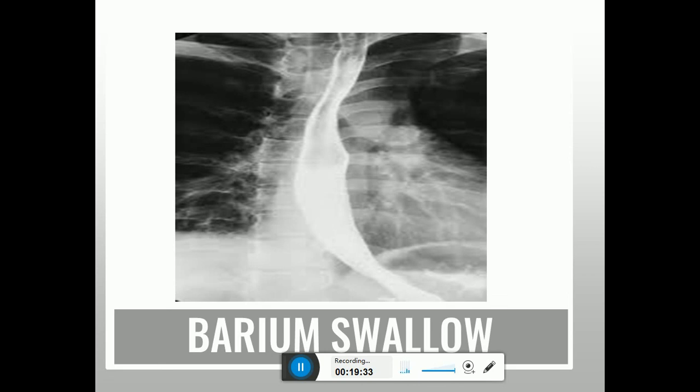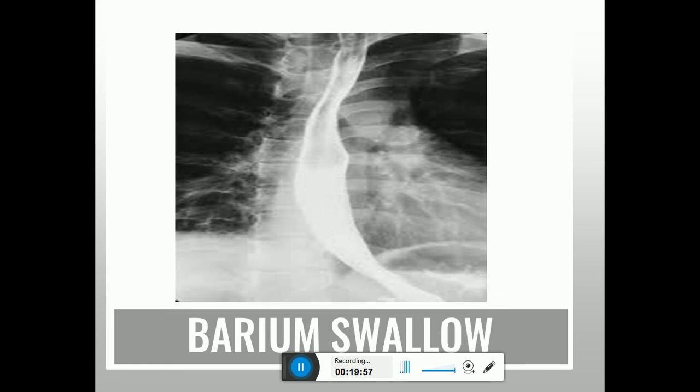So it outlines the mucosal lining. And this lining can be seen under fluoroscopy, or we can take an X-ray, a radiograph, of it.